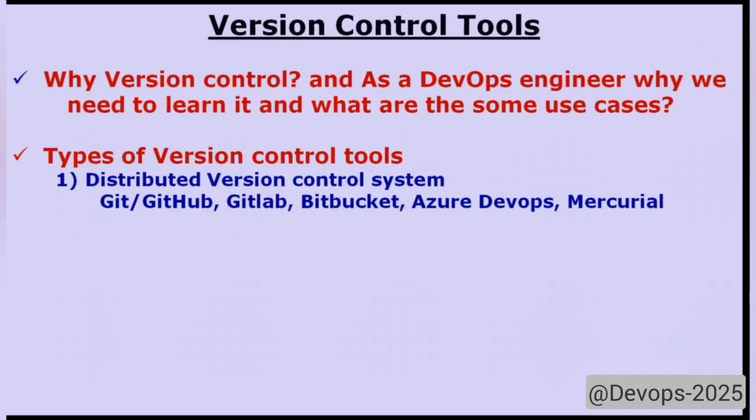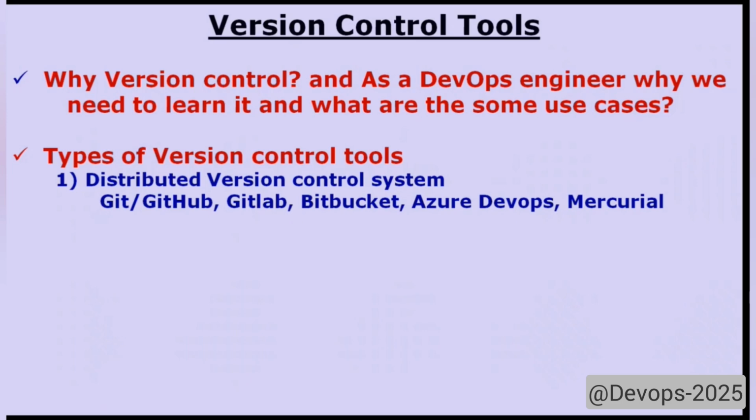As I told initially, in the client and server model, Git maintains a local repository in your local PC or Linux server with the source code. Here there is a remote repository available where all the repositories are maintained with the source code. We'll see how it works.